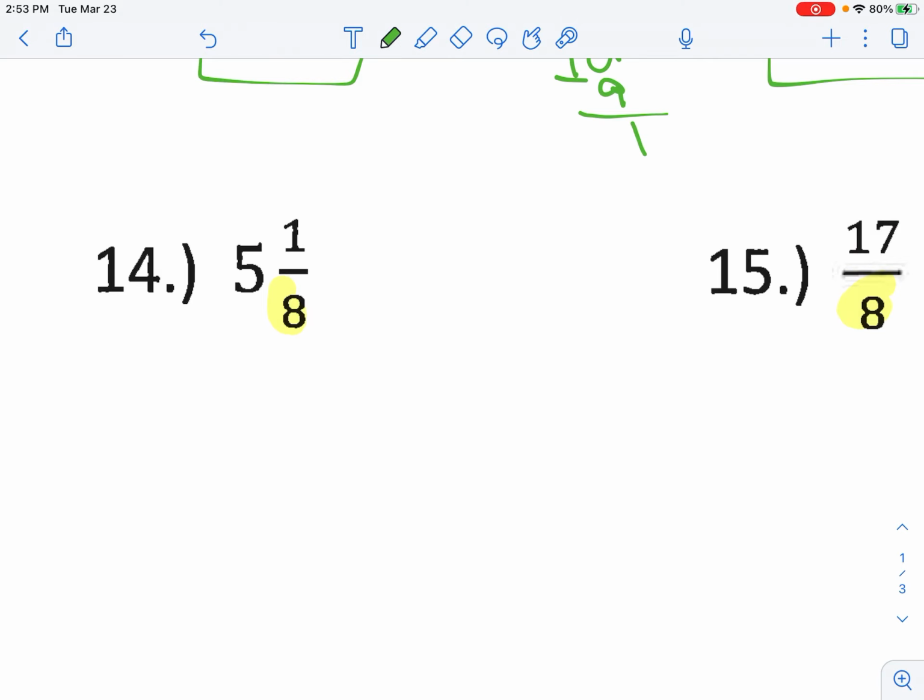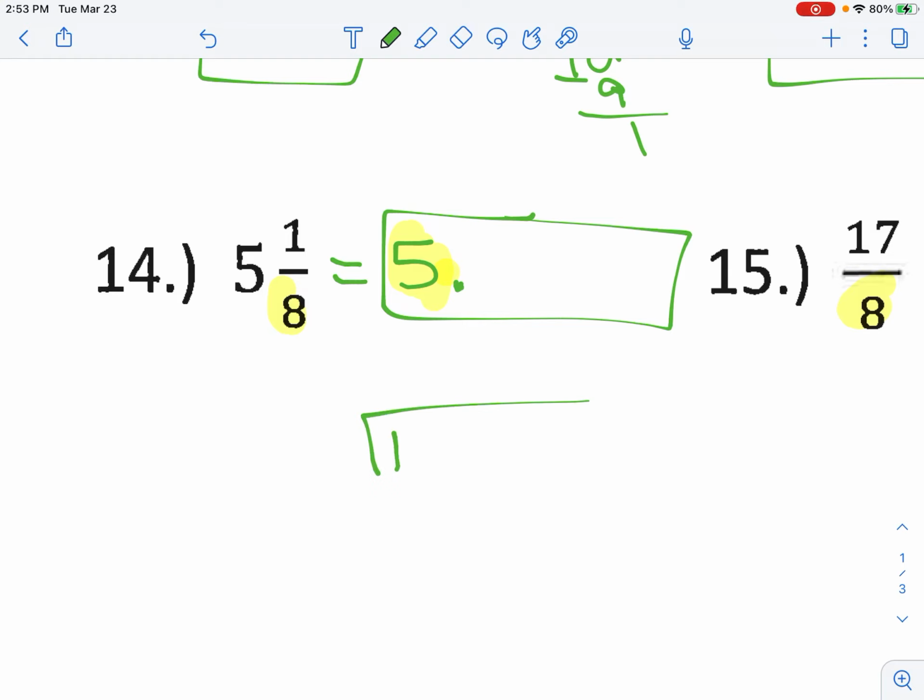Eight is not a factor of 100. Now, on this one, since it's a mixed number, I like to go ahead and write my answer box before I start dividing, because a lot of times what the kids do is they forget to include their whole number in front of the decimal. So I like to put the 5 point before I start so I don't forget that 5 in my final answer. So now we're going to figure out what 1 divided by 8 is.